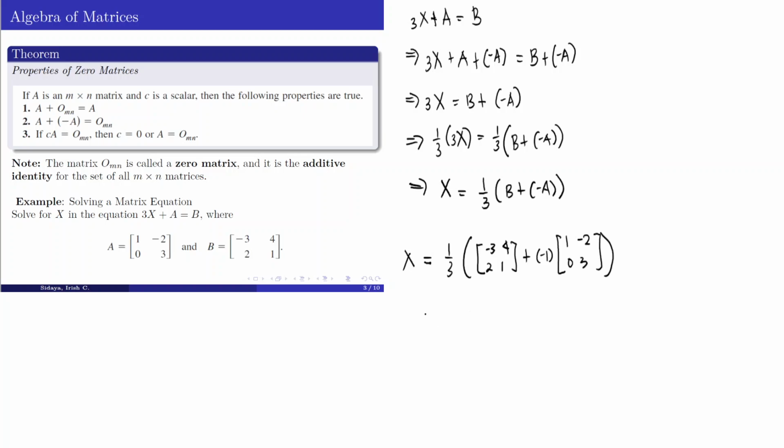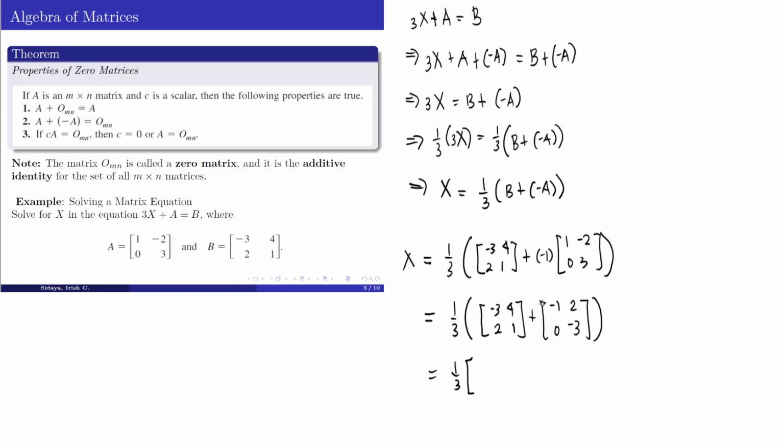Okay, and then let us simplify. This is A times the scalar -1. So we simply multiply these elements by -1. So we can have -1, 2, 0, -3. And then we add these two matrices.